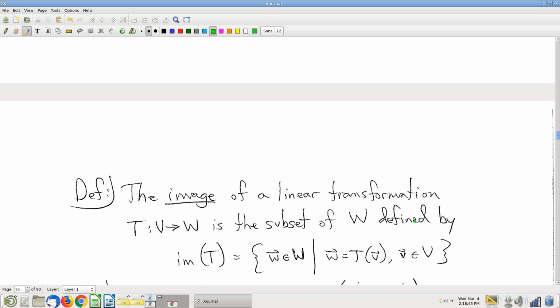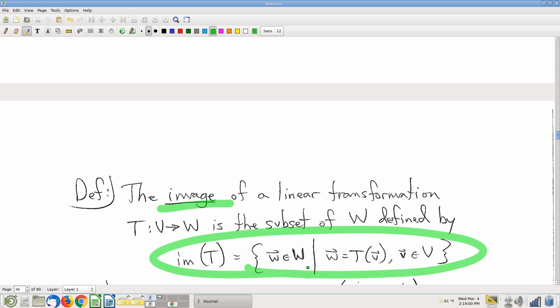We've already defined this, but let me just say it again. The image of a linear transformation. We've already defined the image of a function. The image is the collection of actual outputs. Let me observe that this gets said very bluntly and explicitly with this set builder notation.